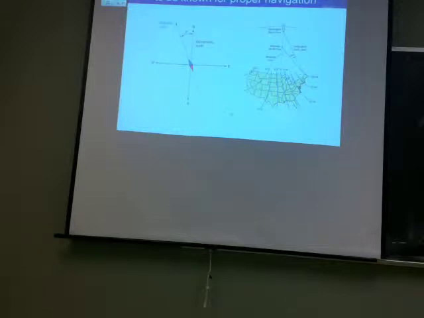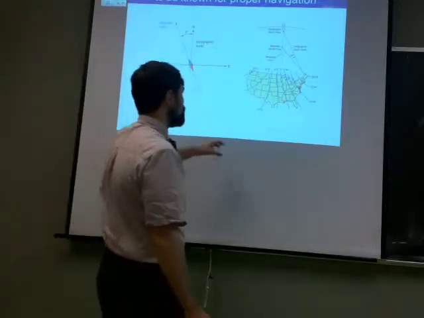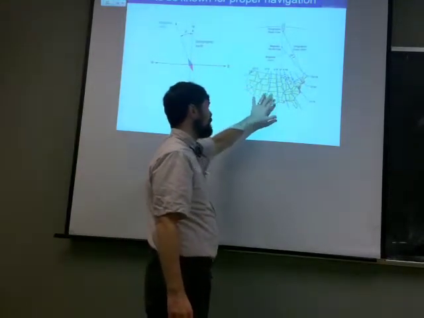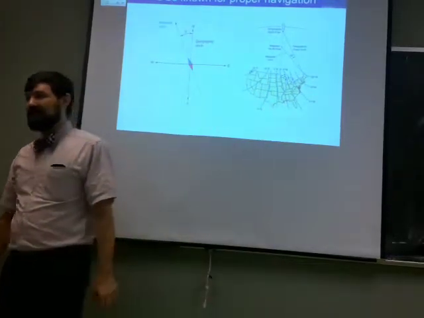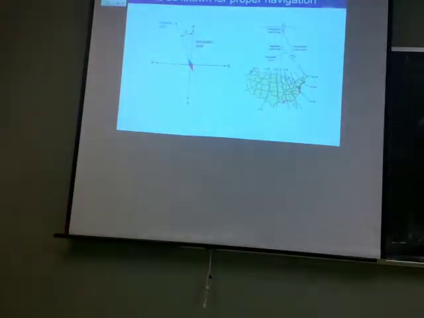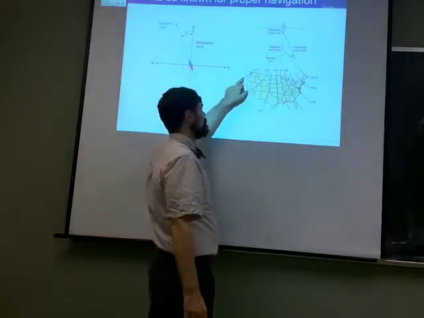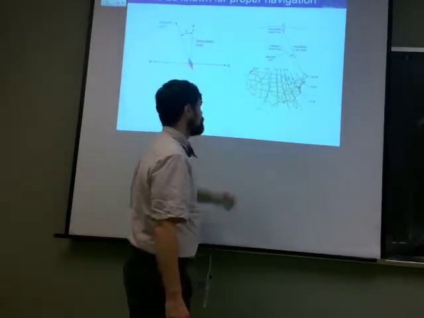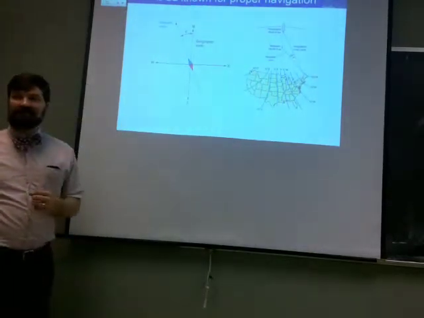For what it's worth, this one shows a little map of magnetic declination. So if you're on this blue line, for example, magnetic declination is 20 degrees east.